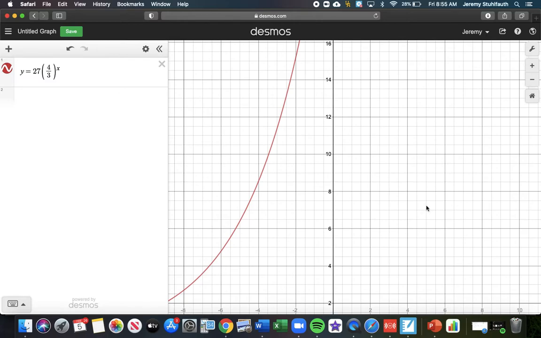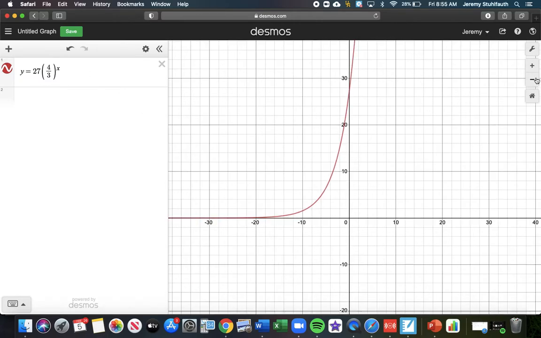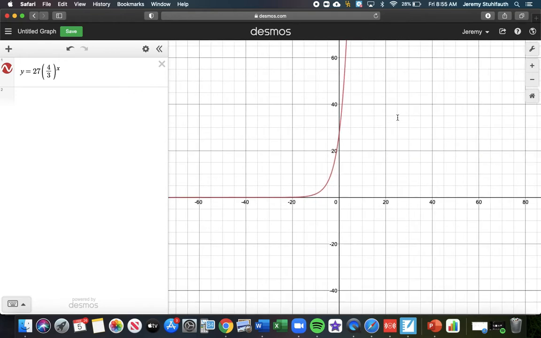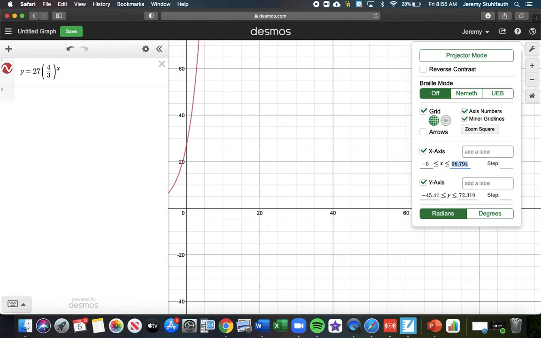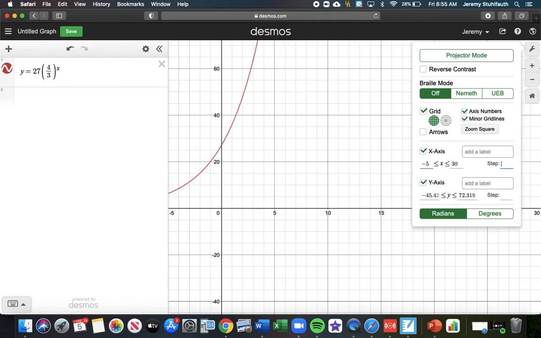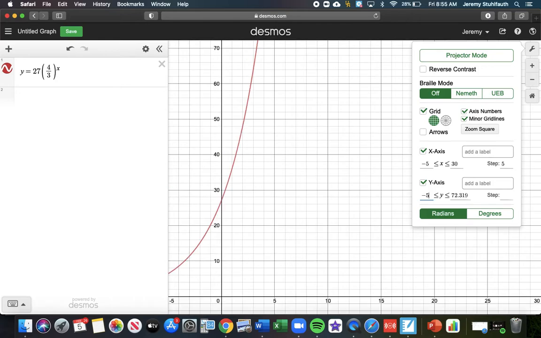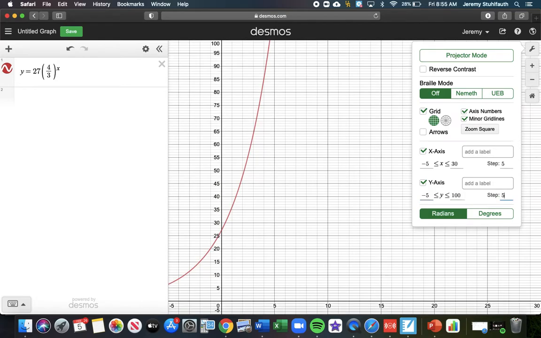Let's zoom out a little bit so we can see what this looks like. So here's our graph. And I'm going to adjust this so on the x-axis we go from -5 to 30, counting by 5s. And on the y-axis, we'll go from -5 up to 100, counting by 5s.